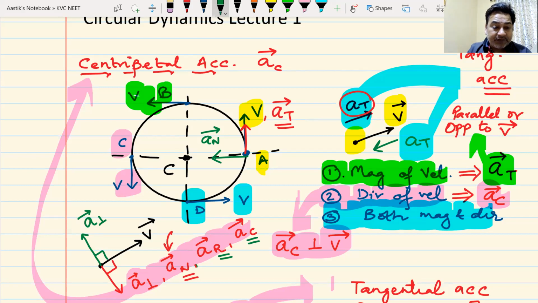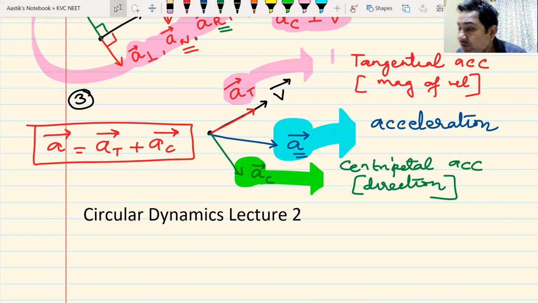Then we also saw a brief introduction of the total acceleration. The total acceleration is a vector, and this A vector includes tangential acceleration as well as centripetal acceleration.